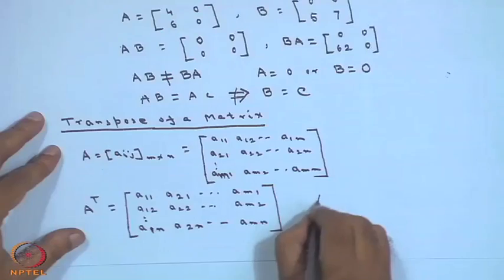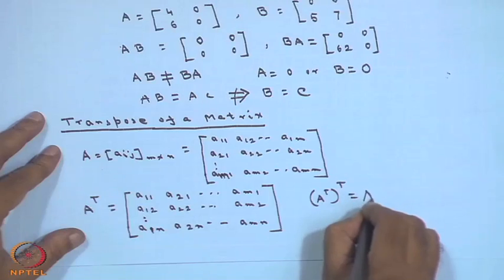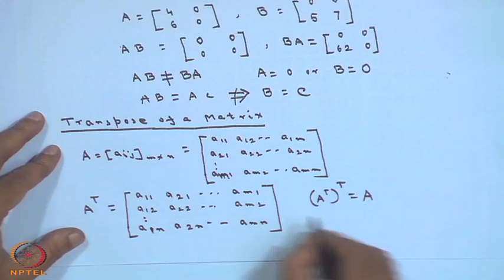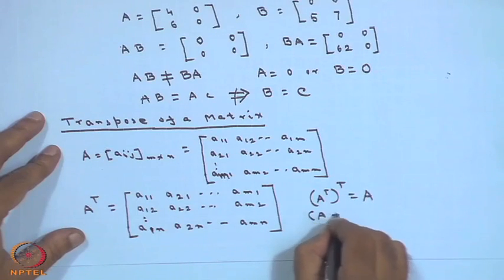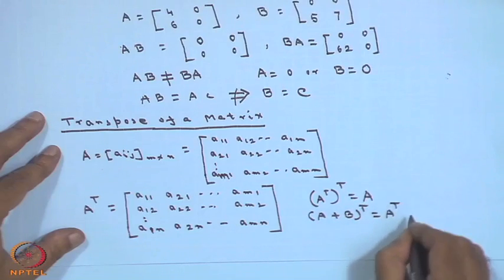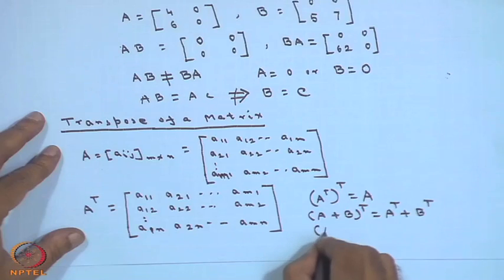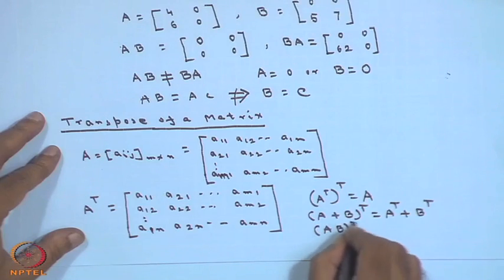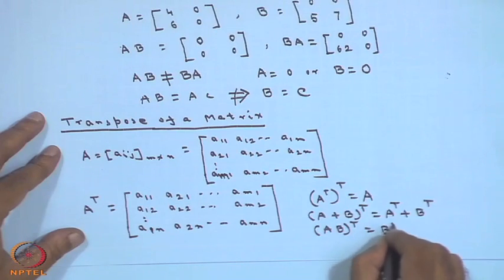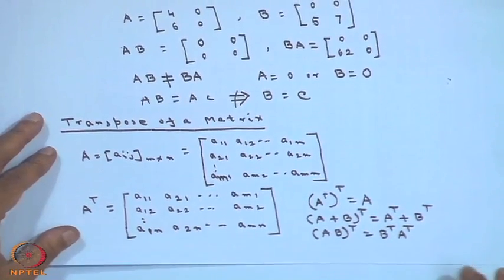Transpose of a matrix has some properties, like A transpose whole transpose, if you take, you will get back the original matrix itself. A plus B transpose is equal to A transpose plus B transpose, and AB transpose is equal to the opposite way it will go, that is B transpose into A transpose.